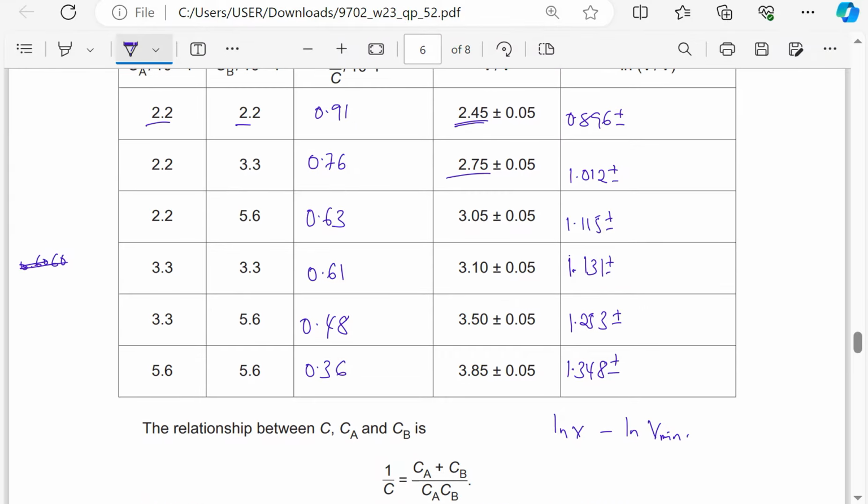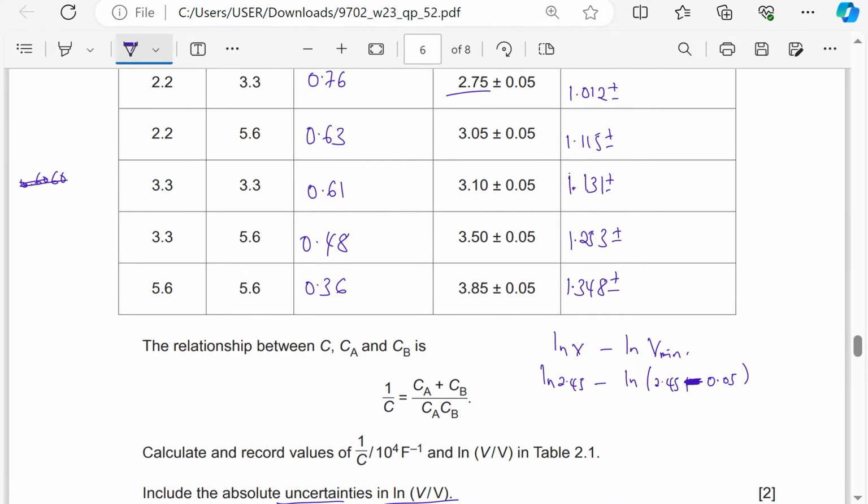For example, ln of 2.45 minus ln of the minimum value of V, which is 2.45 minus the uncertainty, 0.05. Or you can get ln of V maximum minus ln of V. That is, ln of V maximum, which is 2.45 plus 0.05, minus ln of V exact, which is ln of 2.45.